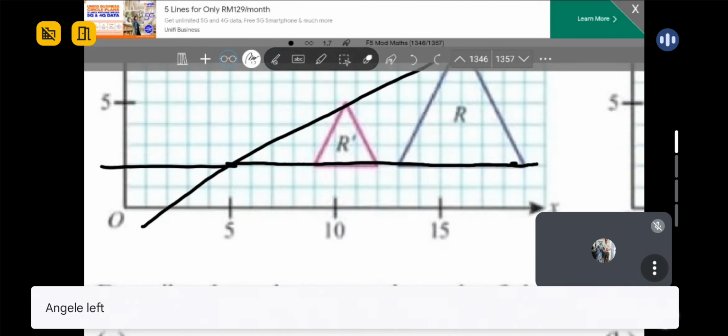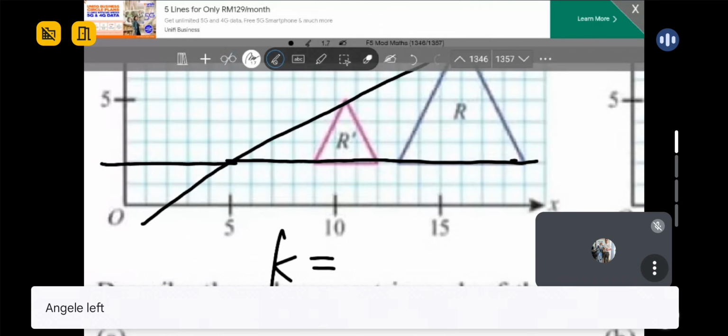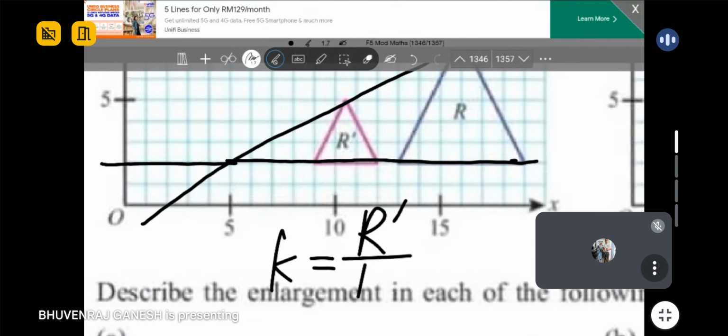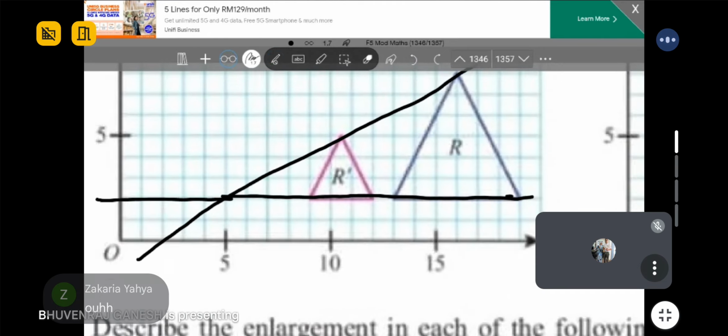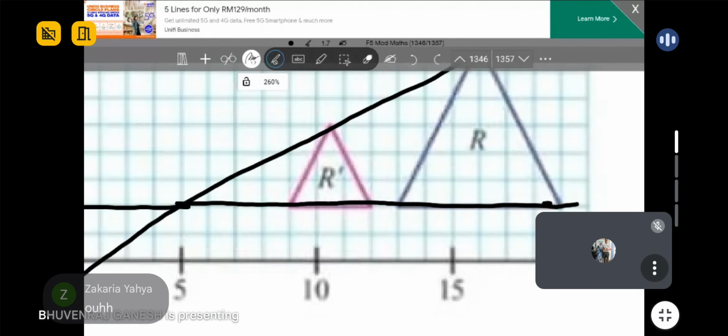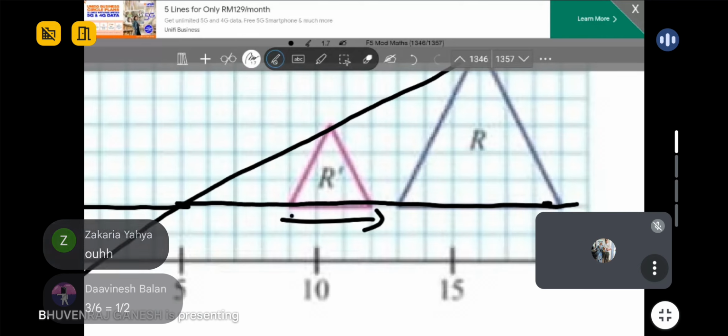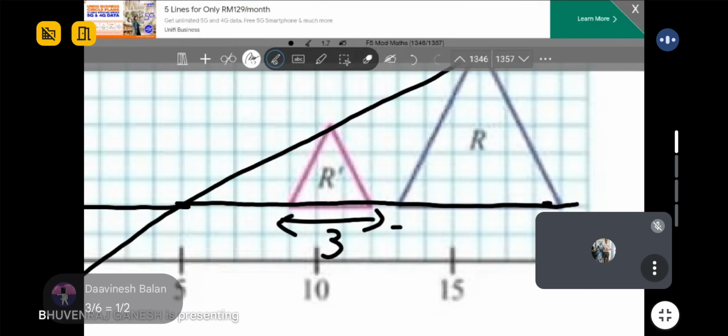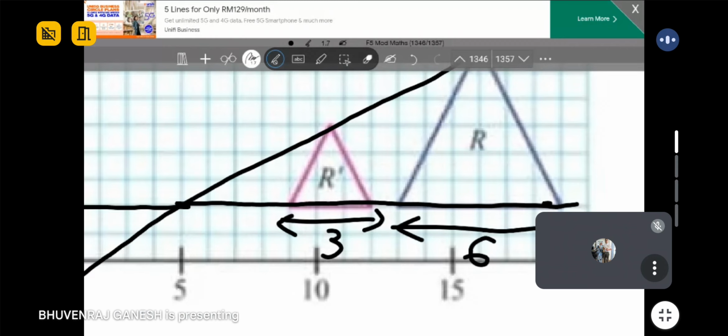Scale factor is equal to image divided by object. Image over object. Basically, you compare the length of the image with the length of the object. This one, the image length is 3. This one, the object length is 6. So the scale factor is half. Okay, can get it?